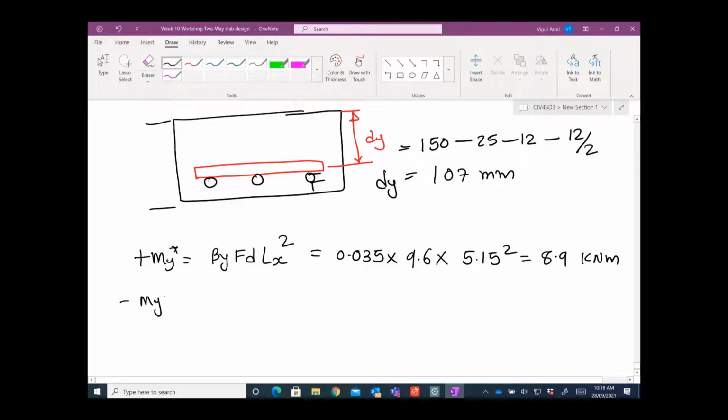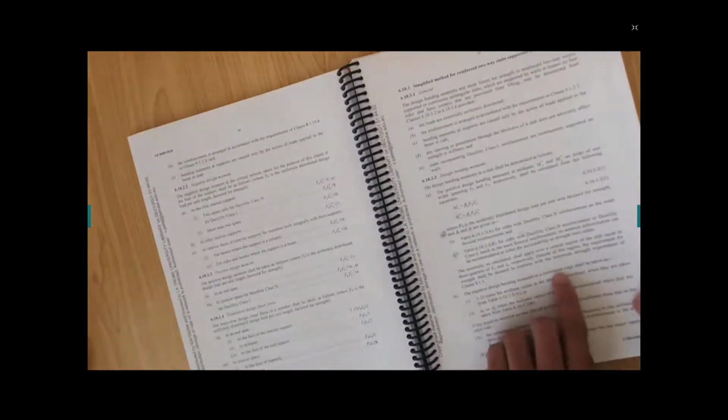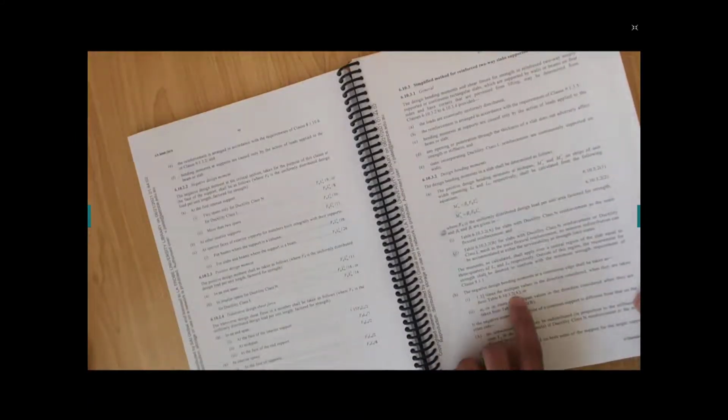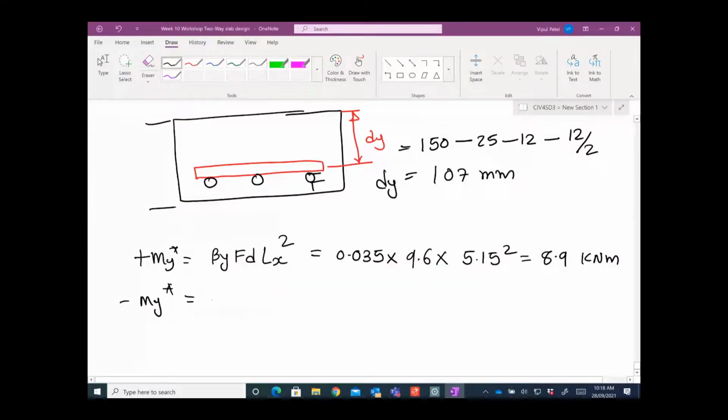So negative My star at the continuous edge, again following the same thing, you have 1.33 when you use this table. So you have 1.33 negative, we don't write negative, just keep in mind that it is negative, times 8.9. So 1.33 times 8.9, and by the way, this is the continuous edge.